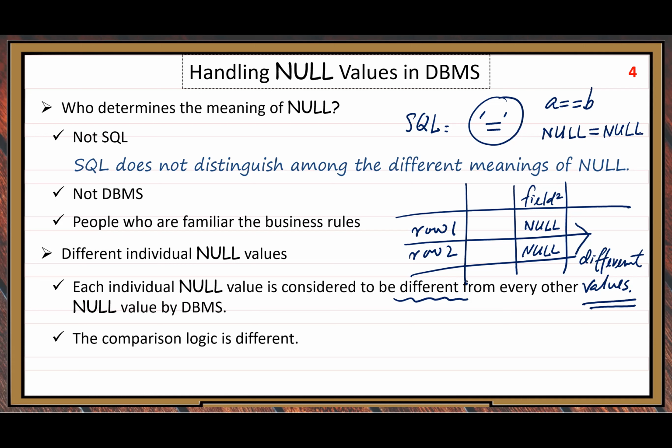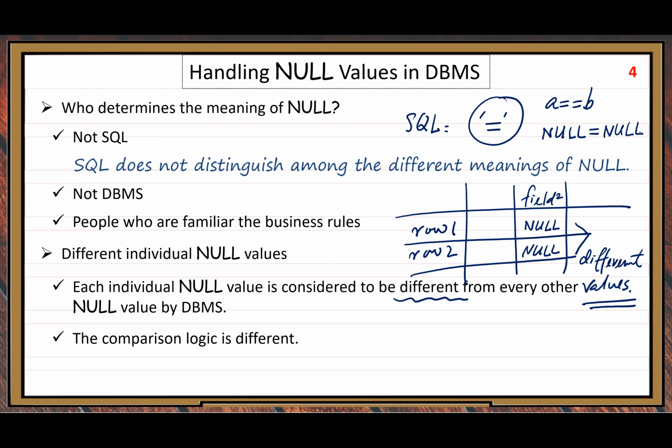When you do this kind of comparison, the Boolean value will not be true. First, just let you know, the Boolean value won't be true. Whether it is false or not, we will see later. That's another issue.